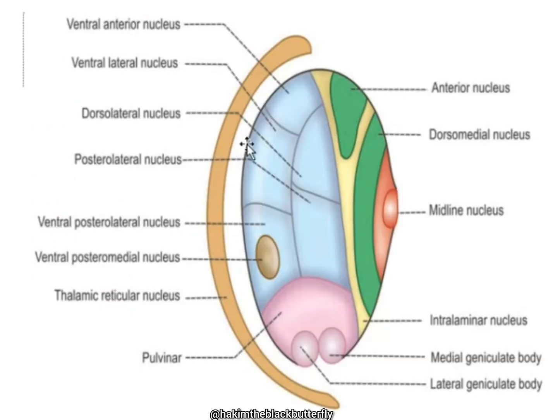This is the lateral group of nuclei. So we have this nucleus known as the ventral posterior nucleus. The ventral posterior nucleus is divided into ventral posterolateral and ventral posteromedial. So all this is the ventral posterior nucleus, which is part of the lateral group of nuclei.